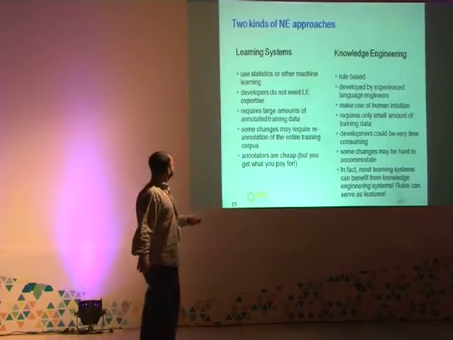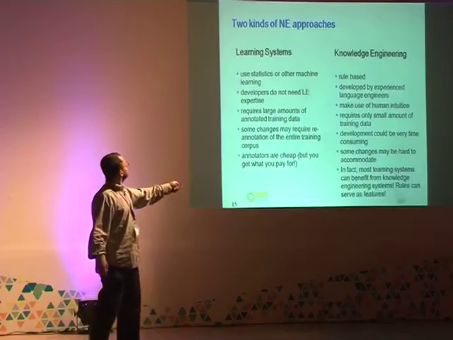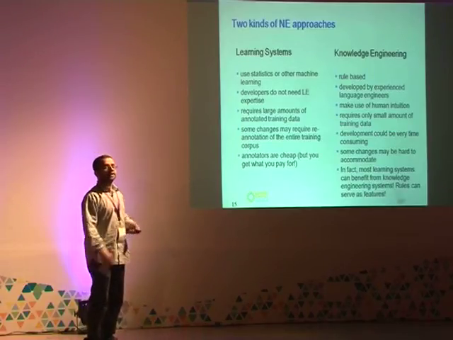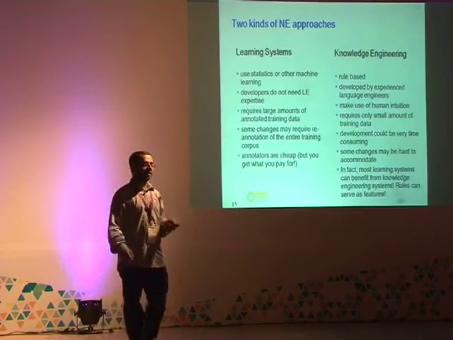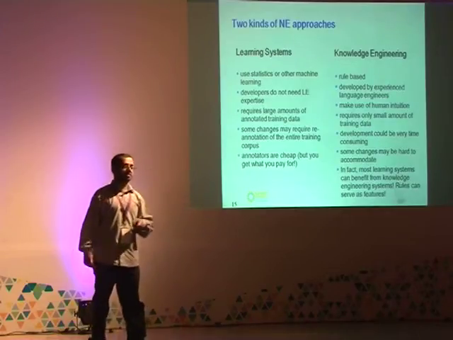Now the interesting part is, whether you realize it or not, for learning systems you have to do some knowledge engineering. How do you define the features that would provide a good signal for entity annotation? So in fact most learning systems can benefit from knowledge engineering.